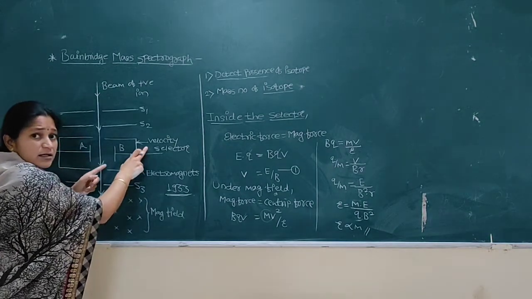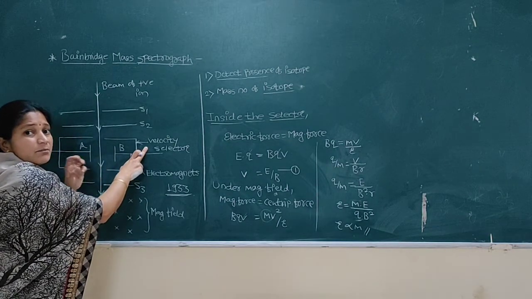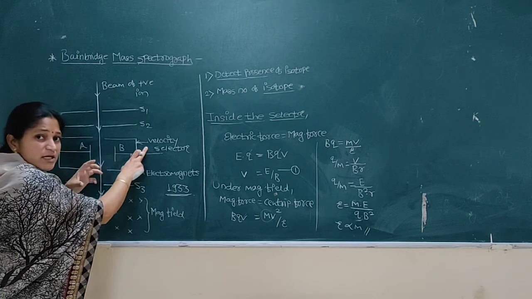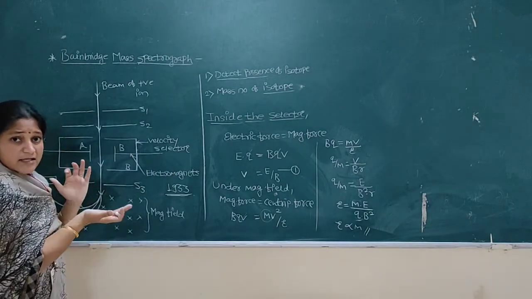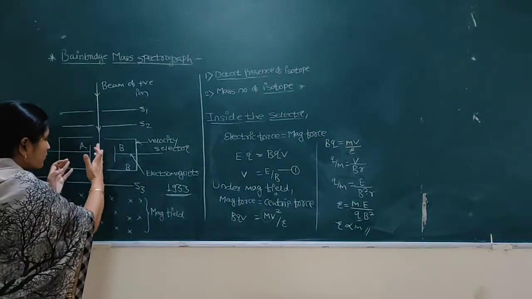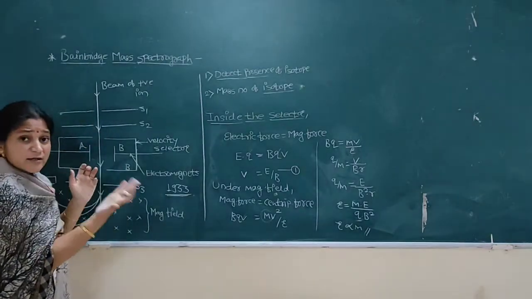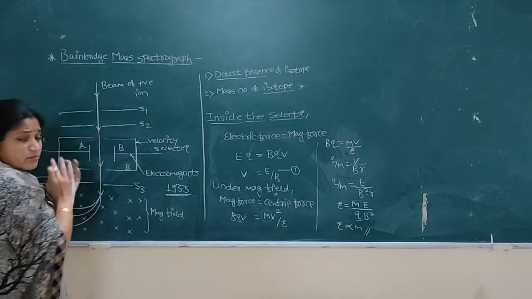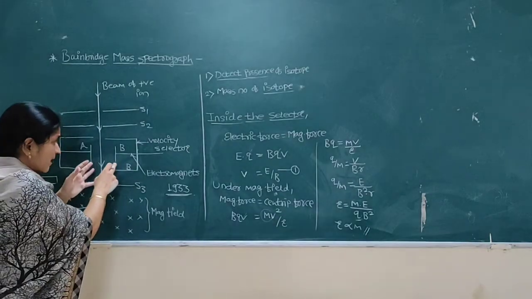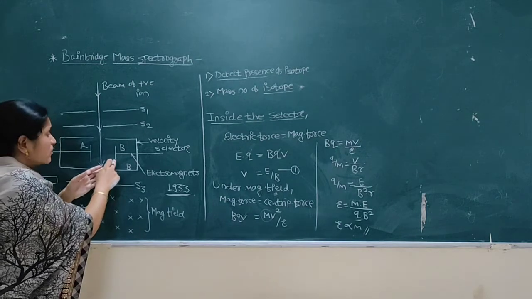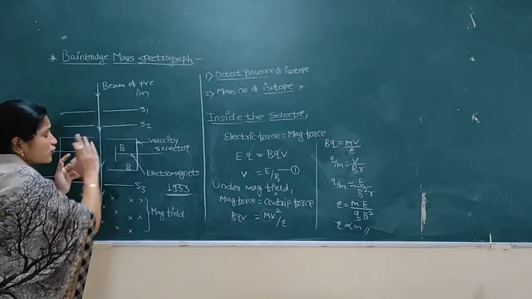The velocity selector passes only those ions having the same velocity, and other ions are deflected from their original path and finally removed from the ion beam. Now here B is the magnetic field applied, which is perpendicular to the electric field and the motion of the ion.